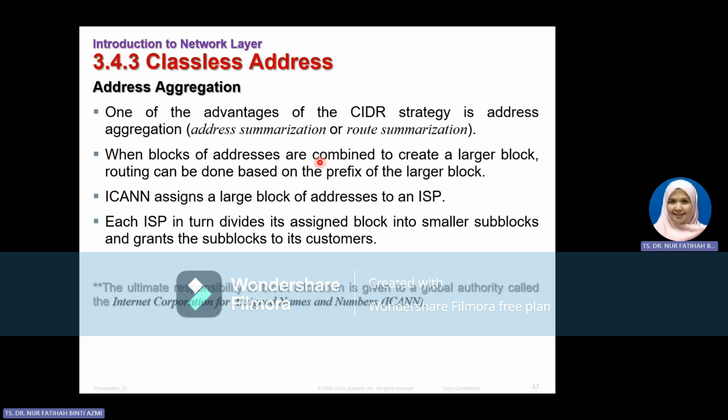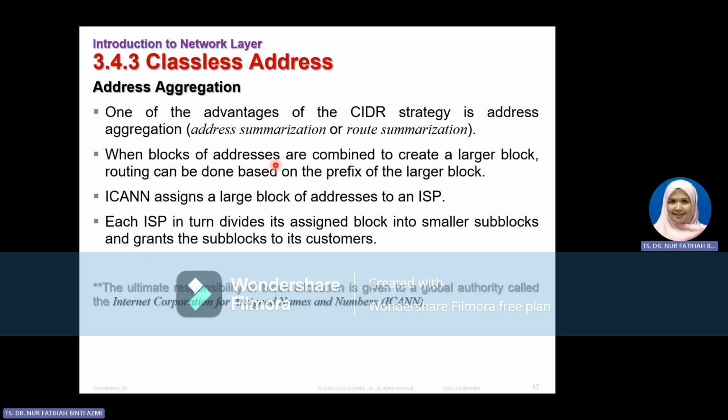For example, send this packet to house number 1, street A. Send this to house number 2, street A, and so on. So we can just send all mail for street A to this local post office. This makes things much simpler for the main office.